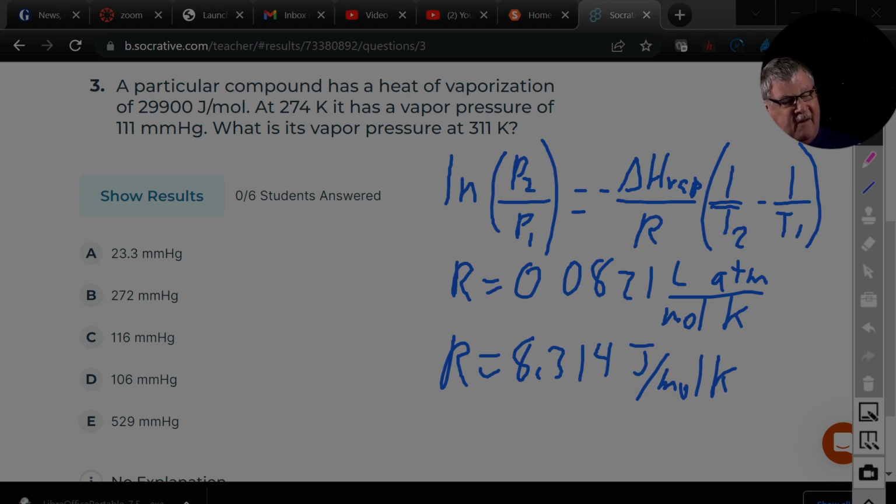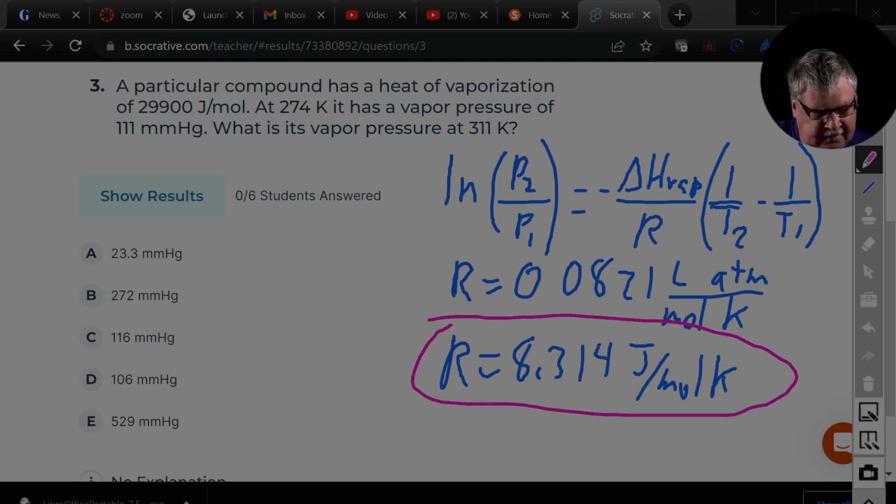We're going to use 0.0821, or are we going to use 8.314? Yeah, that's the one we want to choose. All right. So write that down. Take a few minutes to work it, and then we'll go over it and see what you can think.